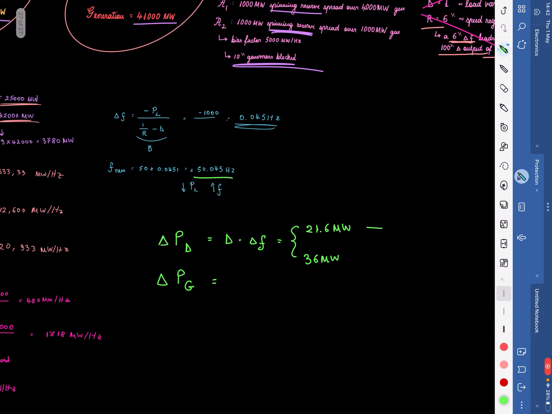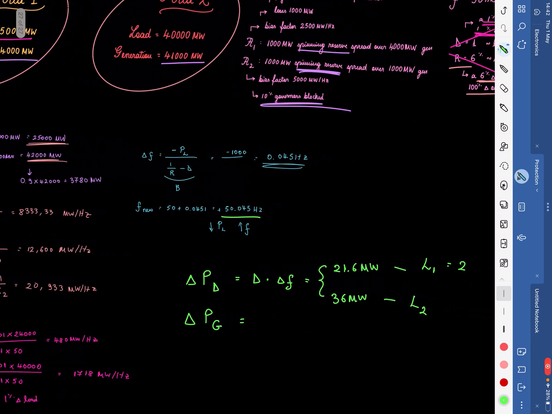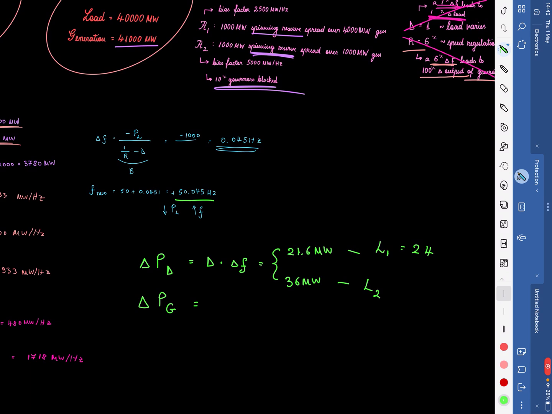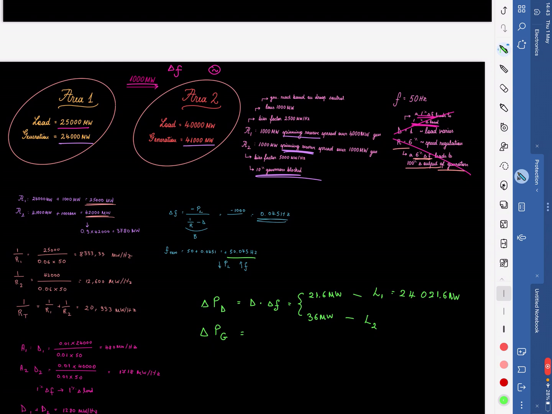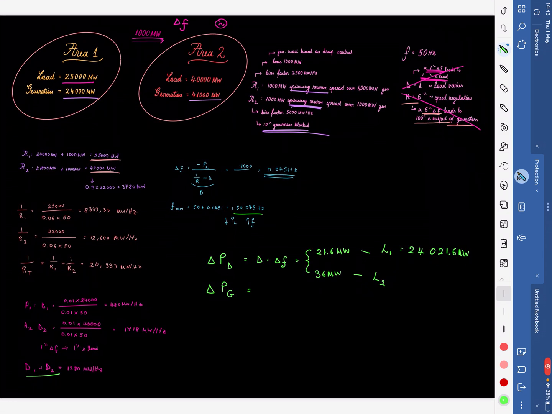So load 1 is 24,000 and 21.6 megawatts. So we had 24,000 megawatts left after losing 1,000, and we're going to have to add the change in load.